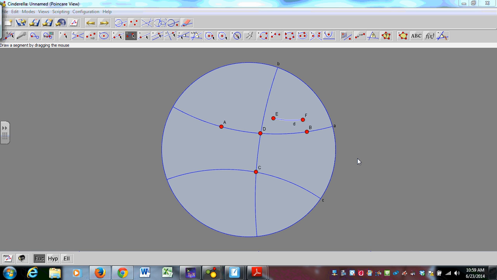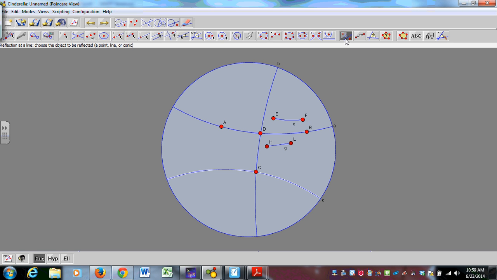Okay, so let's pretend we know what we're doing. So I have two parallel lines, line AB and this line through C, and I'm going to let this be the mirror for E and F. I get myself a segment for an image, because remember, neutrally, the image of a segment must be a segment.